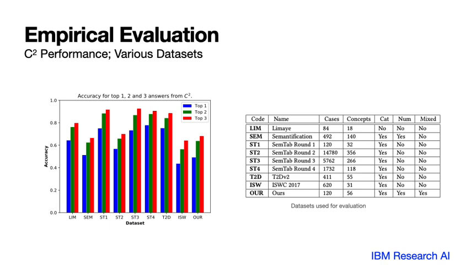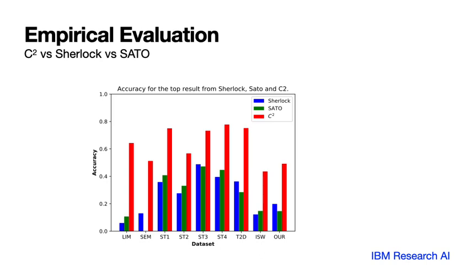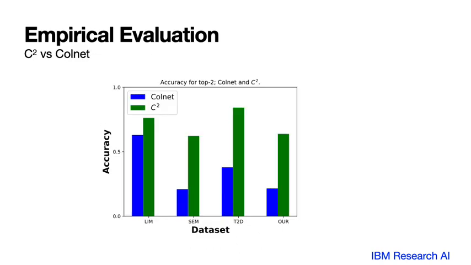All of these datasets are available online, and we do pretty well against all three: Sherlock, Sato, as well as Colnet, and we're happy to compare against any other recent techniques, whichever is open source.